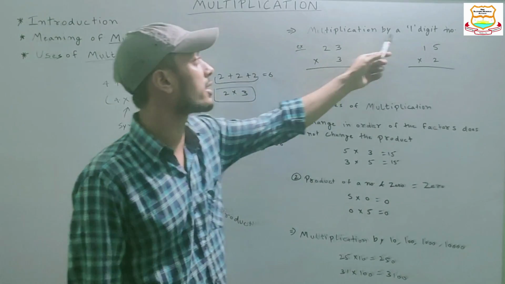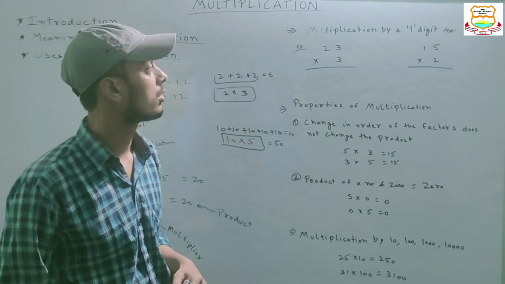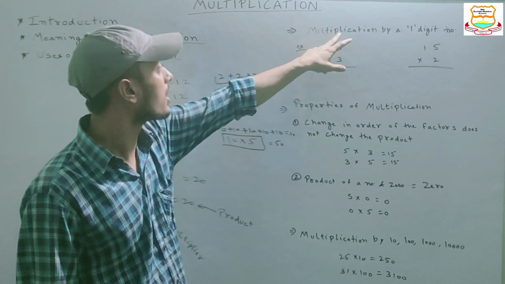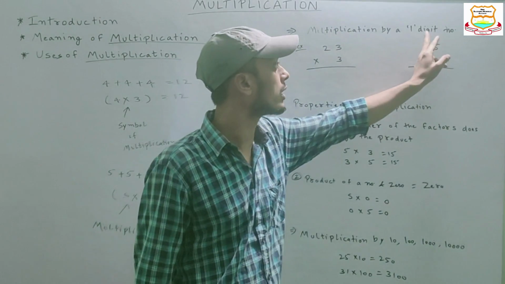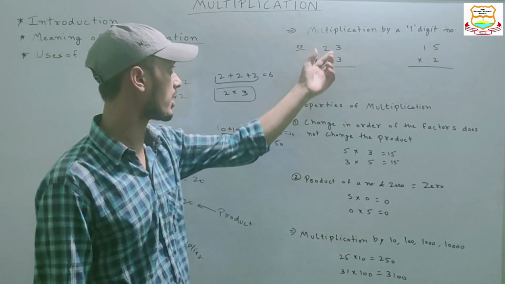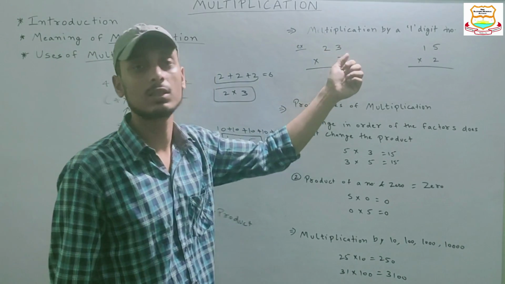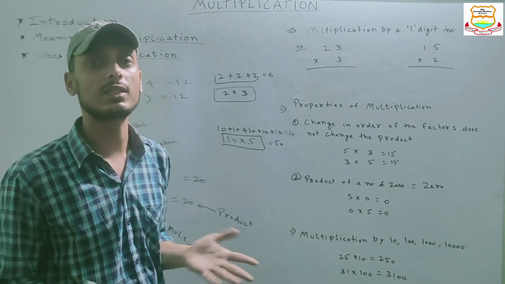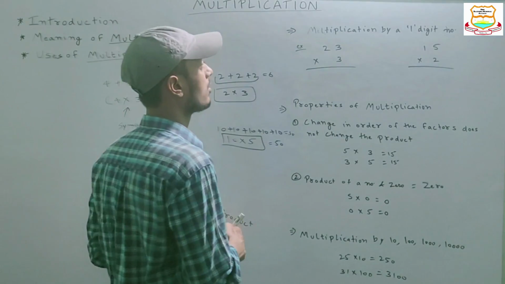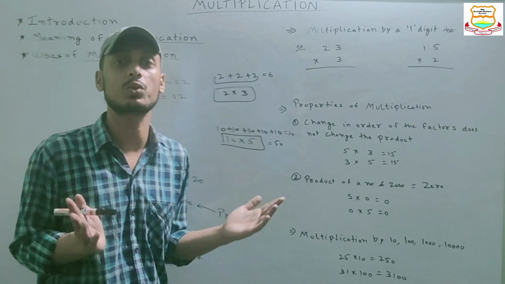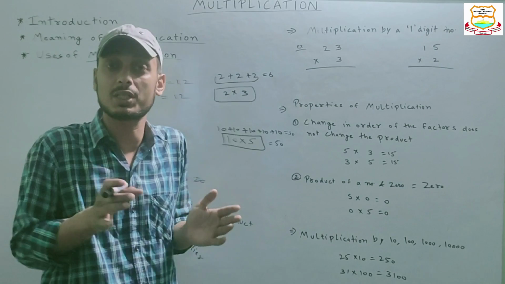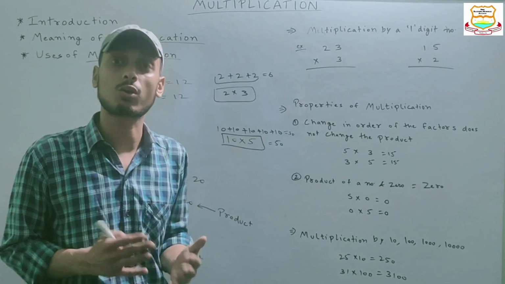So let us proceed to the next topic. The next topic is multiplication by a one digit number. Means we are multiplying some number by a single digit number. What is the rule to multiply? Every operation has some rule.